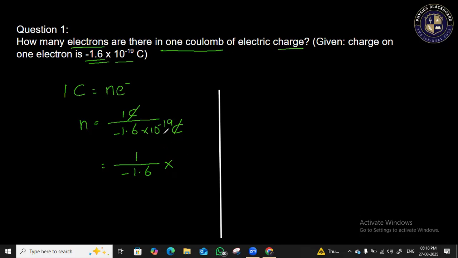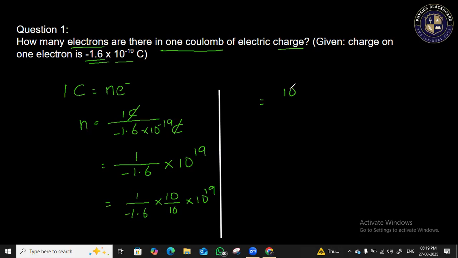If you take this 10 power minus 19 to the numerator, it becomes 10 power 19. Now, further, if you solve it, I'm going to take 1 by minus 1.6 into 10 by 10 into 10 power 19. Here I use this 10 by 10 to remove the decimal part of minus 1.6.